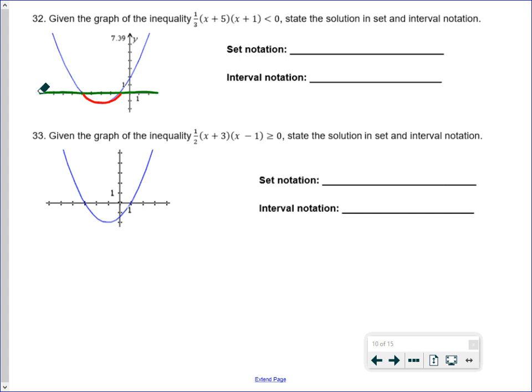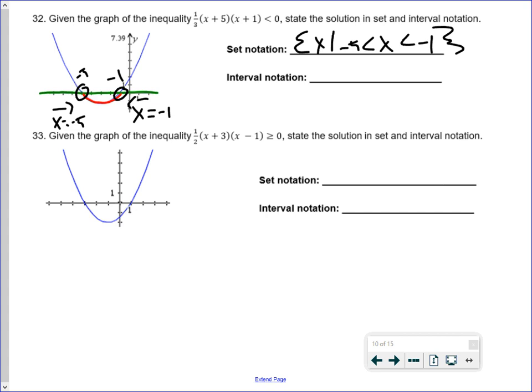Okay, so in set notation, this is going to be x such that x is greater than -5 right over here, and it has to be less than -1. It has to be to the right of x equals -5, and to the left of x equals -1. So x has to be greater than -5, and it has to be less than -1.